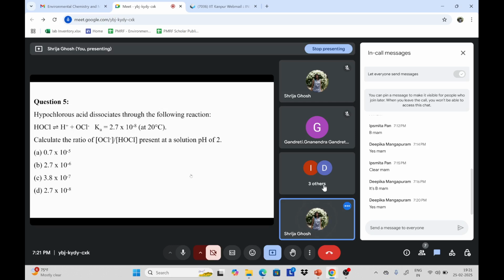Anybody? Try calculating it. I'm giving you time. Try to calculate it and tell me what answer you are getting. It's not very difficult. Everybody try it.